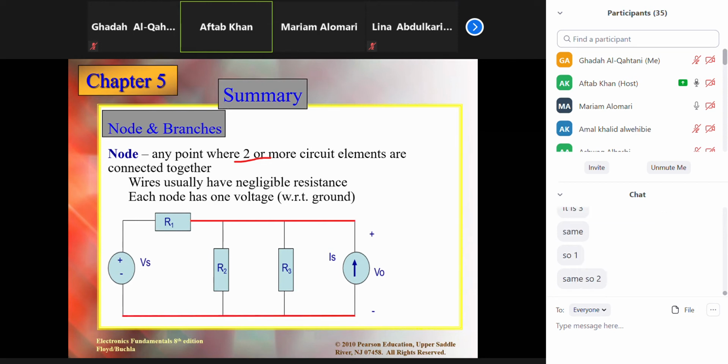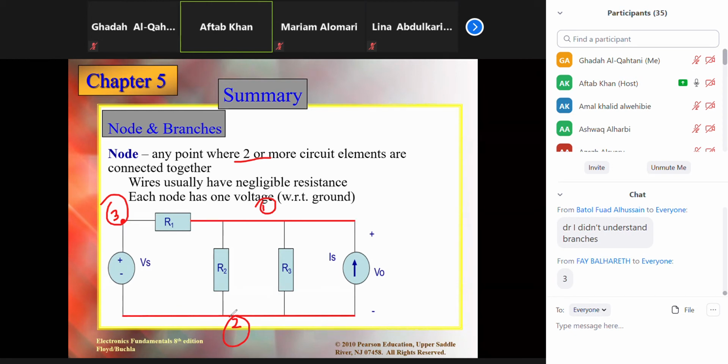Yani the second one. Third one. Here it is meeting two points also. So this is again a point where two or more circuit elements meet, yani R1 is a circuit element and VS is a circuit element. So this is the third node. So how many nodes are there? 1, 2, and 3. Clear now? Nodes are 3.